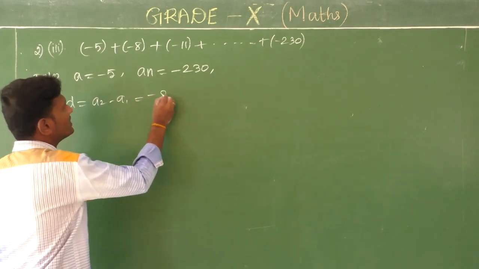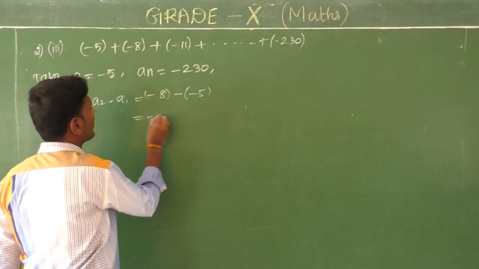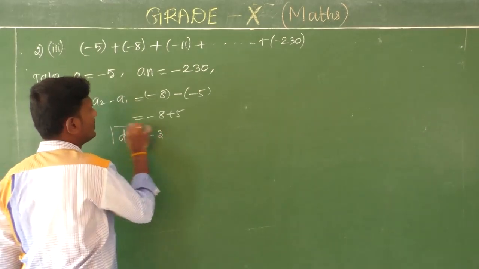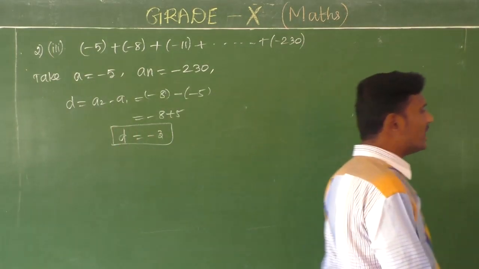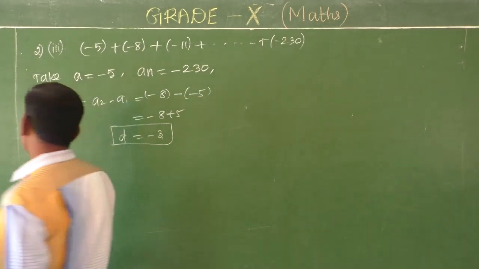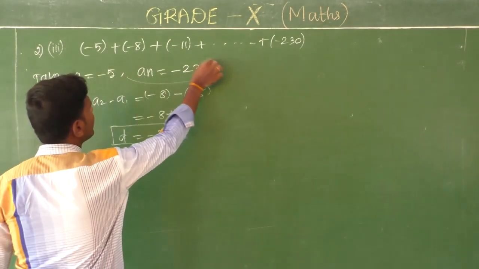So A2 is minus 8 minus of minus 5. So minus 8 plus 5, you get minus 3. So this is the value of d, the common difference. So common difference d equal to what, student? Minus 3.